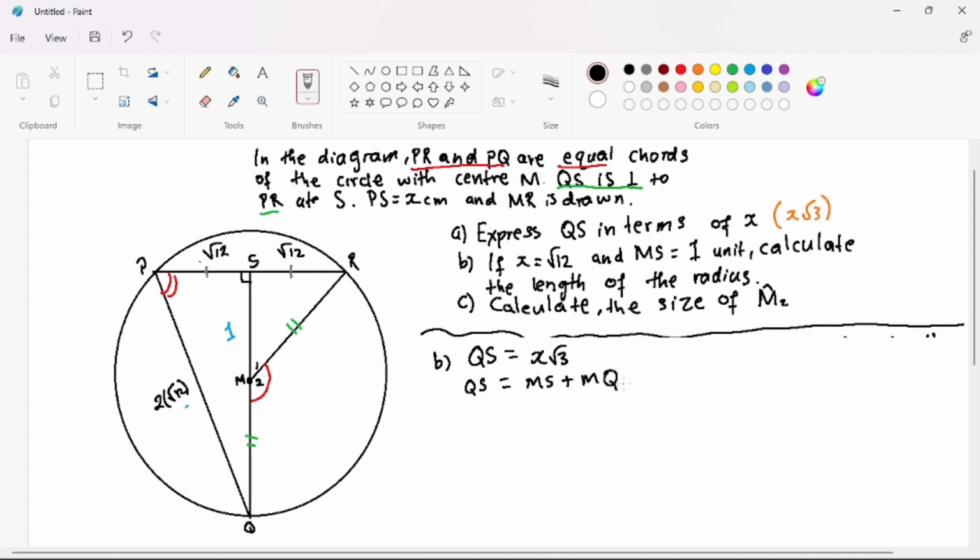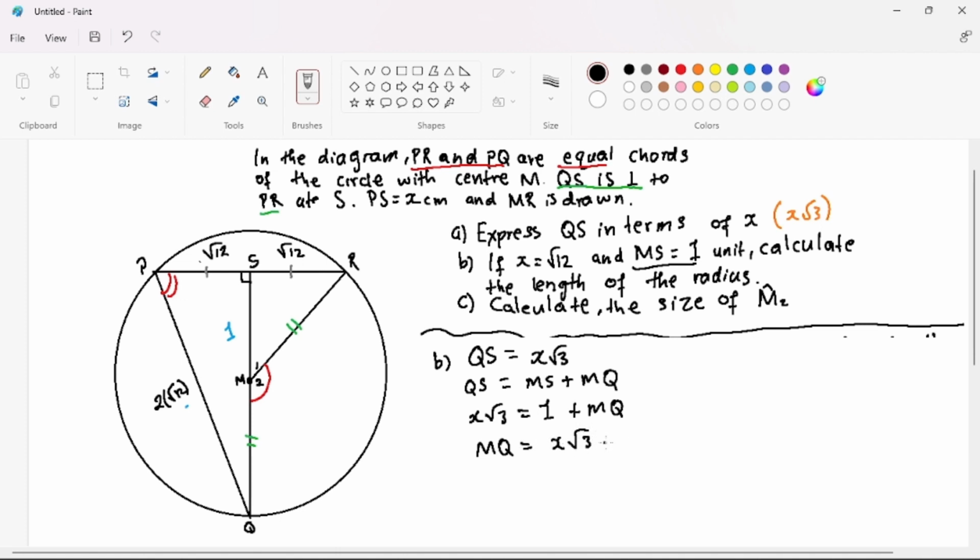But we know that MQ is our radius. So x root 3 is equal to our MS, which we are given on our question here as 1, plus MQ. And then when you transpose this, you are going to be left with x root 3 minus 1.